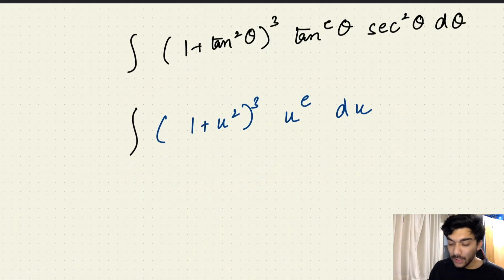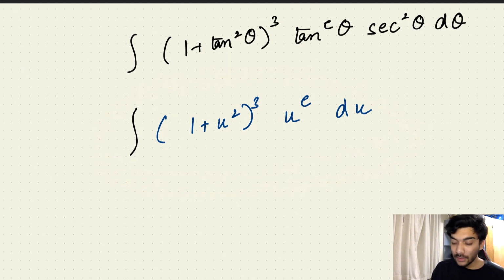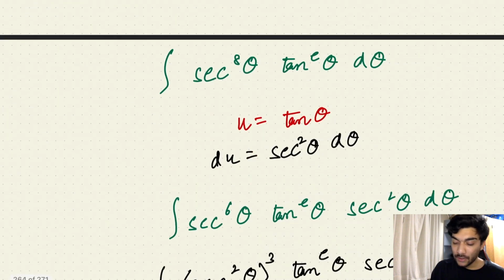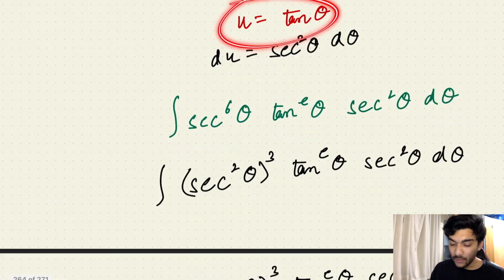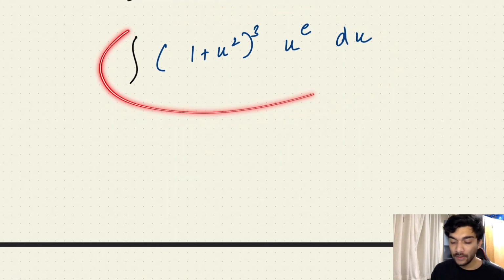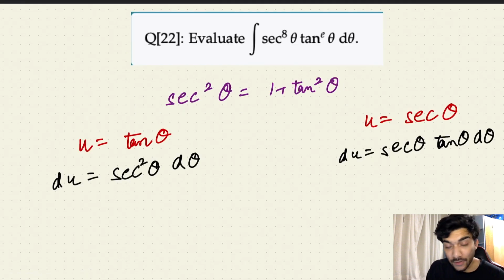So I would leave the integral calculation to you, and I would highly appreciate you to comment down in the comment section below the answer to this integral and also the answer to the original expression over here. You'll just have to substitute u equals tan theta in the answer to the indefinite integral that you'll calculate over here. So that's it for this video.